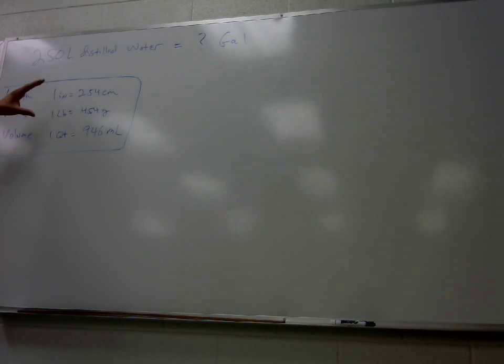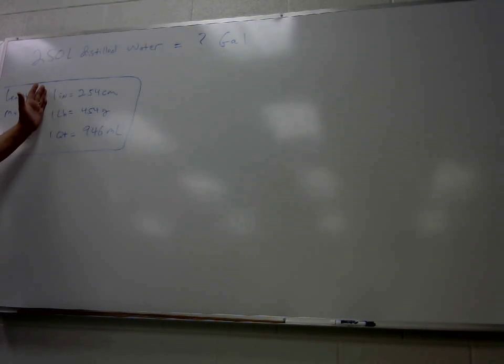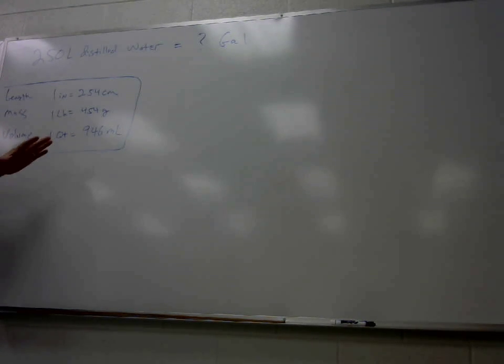So there's a whole bunch of different ways to do metric to standard or standard to metric. But the best thing to do is to learn these 3 and use them all semester long. That way you don't ever have to worry about getting confused, getting something backwards, or whether you're looking at this correctly. You know these 3 and you can always go to them and do it flawlessly.